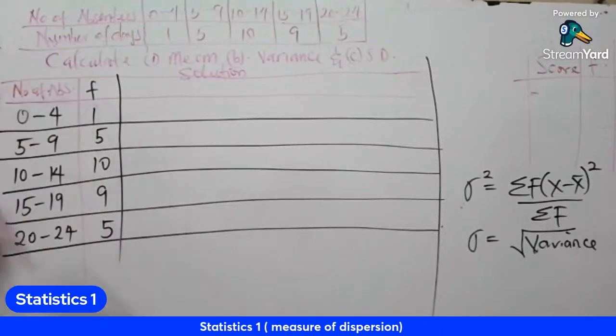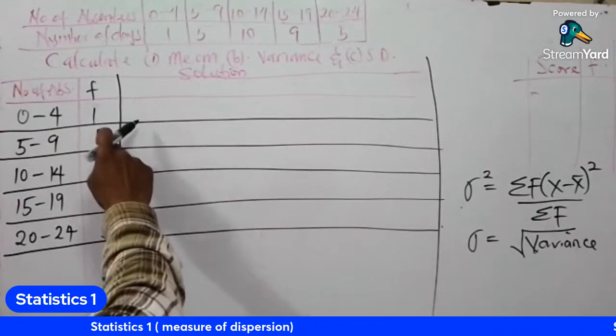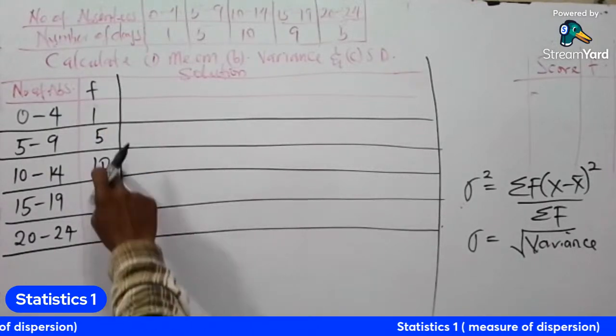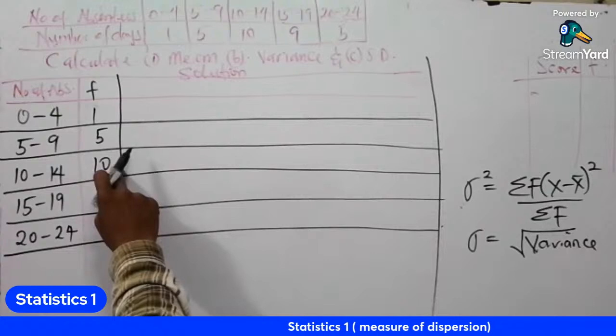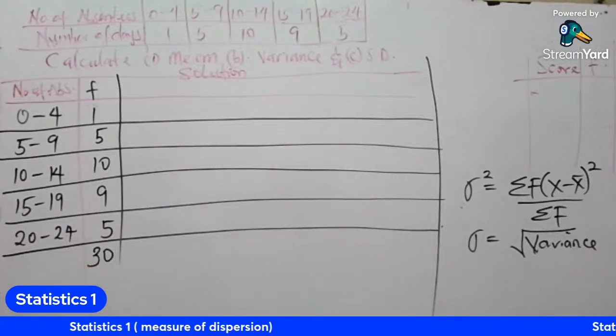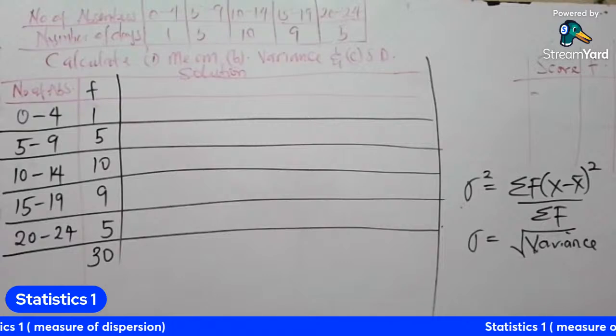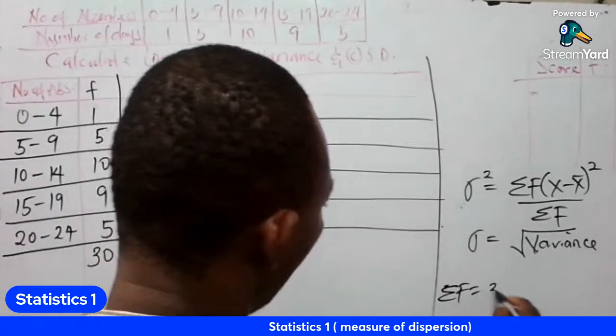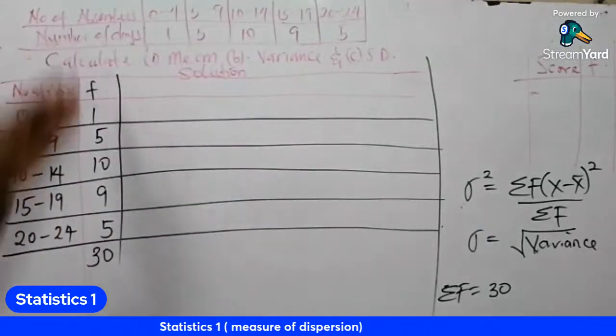When we add all this together, 1 plus 5 is 6, plus 9 is 15, 15 plus 10 is 25, plus 5 is 30. So the summation f is 30, the addition of the frequencies.